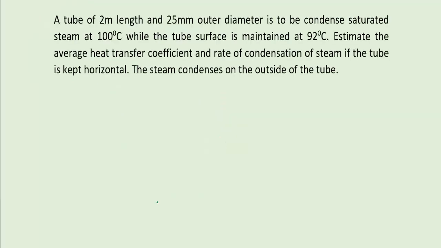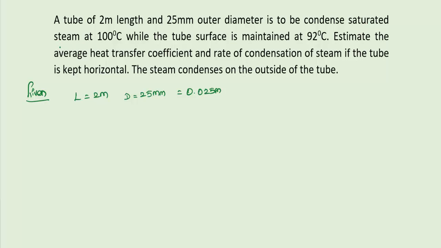Go to the second problem. In this problem, it is given that a tube of 2 meter length and 25 mm diameter, that is the outer diameter. So write the given data. Length equal to 2 meters and diameter equal to 25 mm, which is equal to 0.025 meters, and it is to condense saturated steam at 100 degrees Celsius.